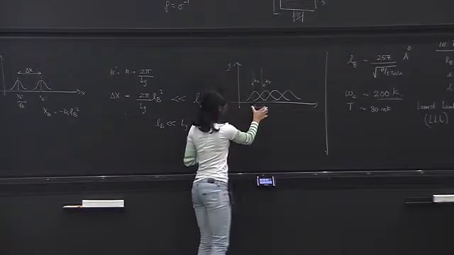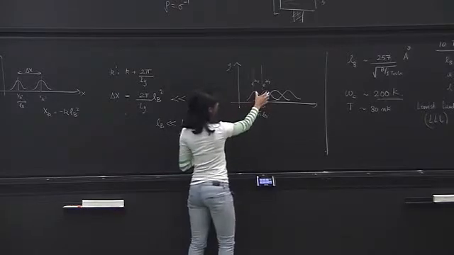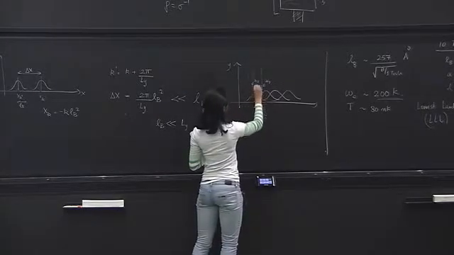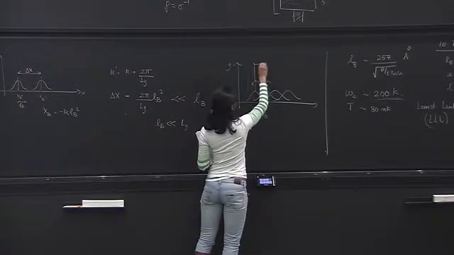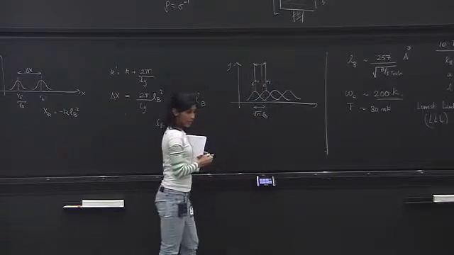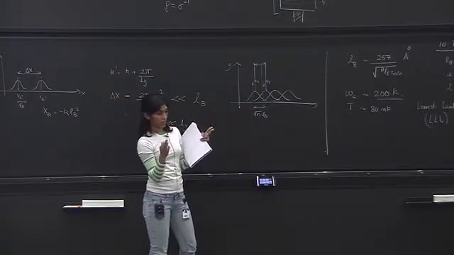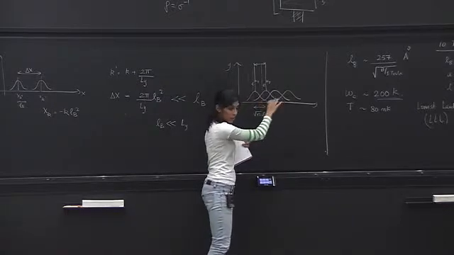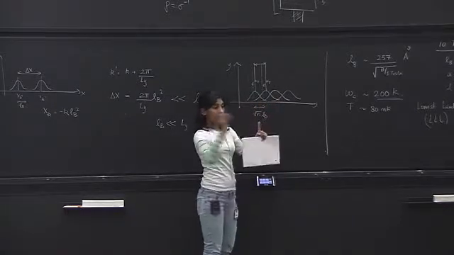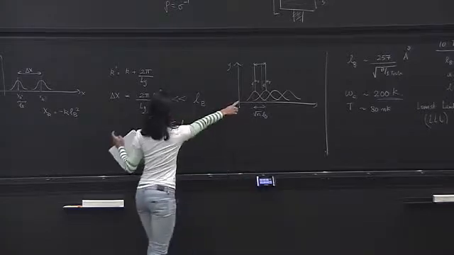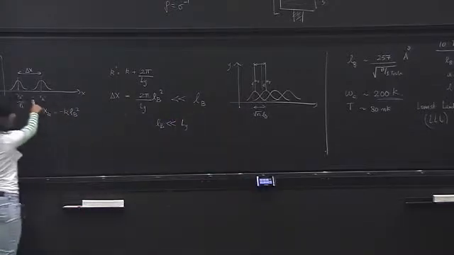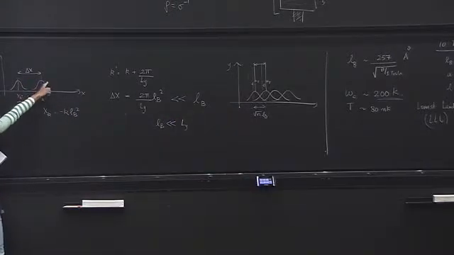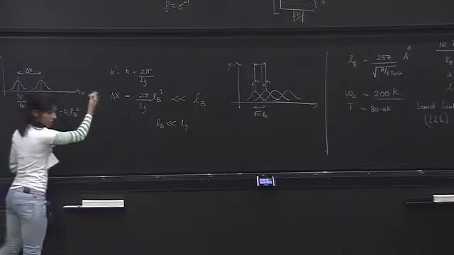And so this is the width. And we have another scale in the problem, which is the spacing between the centers. If the spacing between the centers is much lesser than the width, that means all these orbitals are highly overlapping with one another. This picture is to be contrasted with something like this: if the spacing was much bigger than the width of each wave function, they look separate.